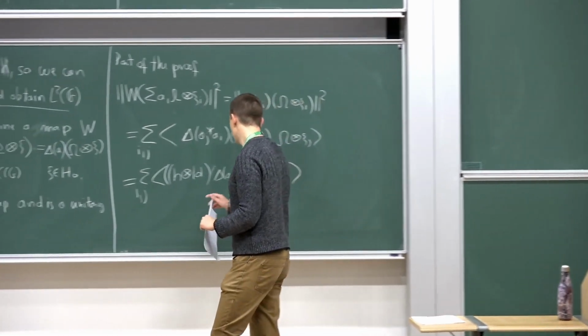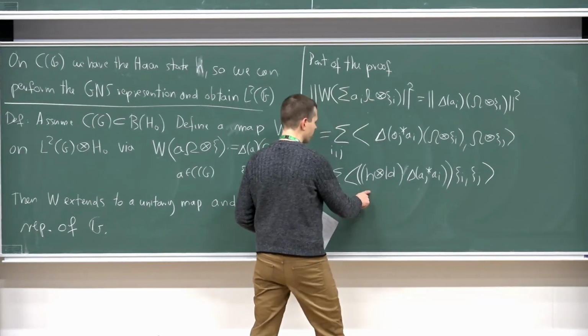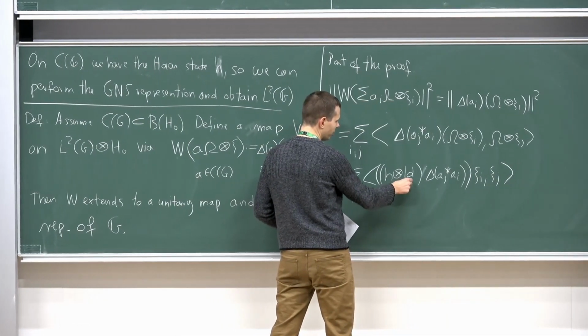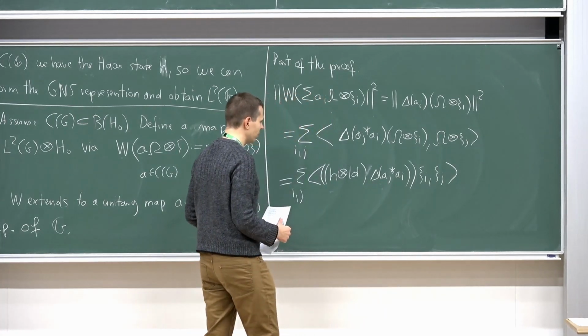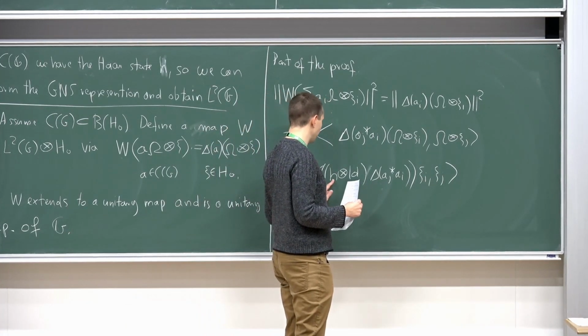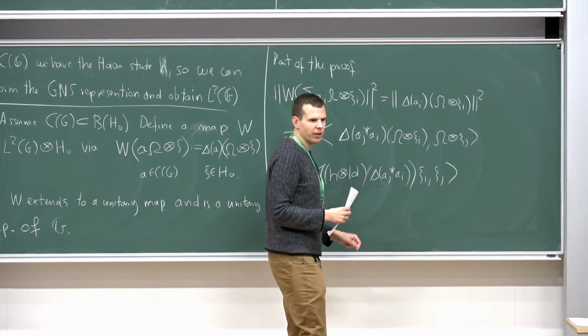But now we use the invariance of the Haar state. It means that h tensor identity composed with delta is the same as applying h to the element and then multiplying it by the unit.